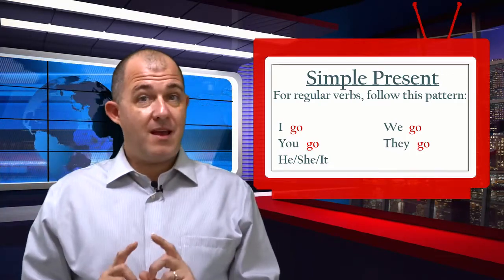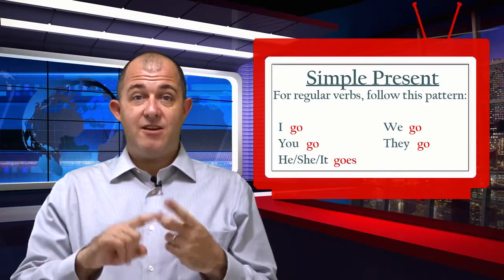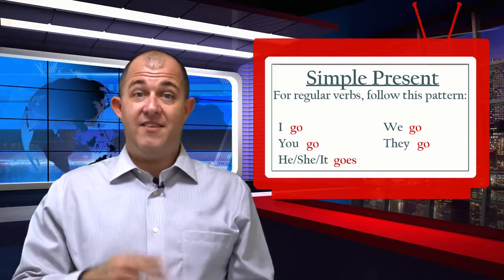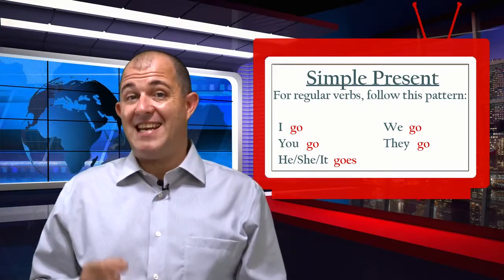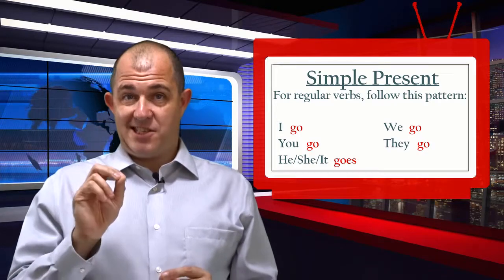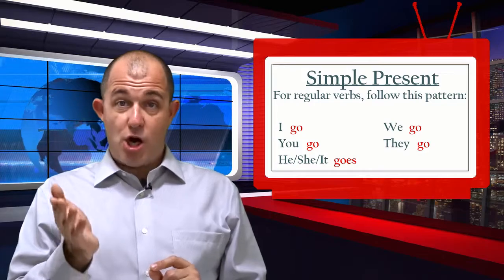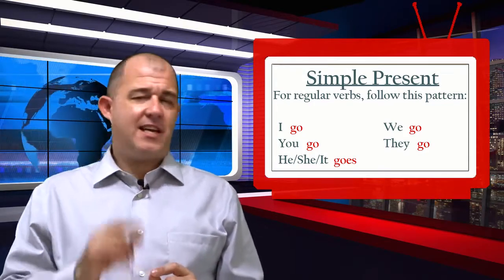The only time it is different is if your subject is he, she, or it. In this case, you need to add an ES. Normally, you're going to just add an S, but we're going to talk about that in a few moments. For this verb, go, it has to be ES. It sounds the same.